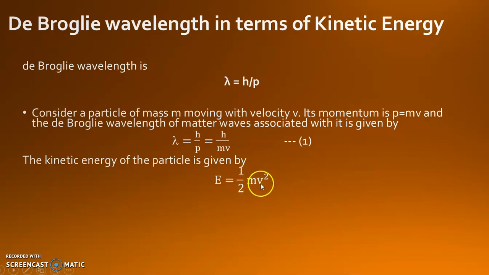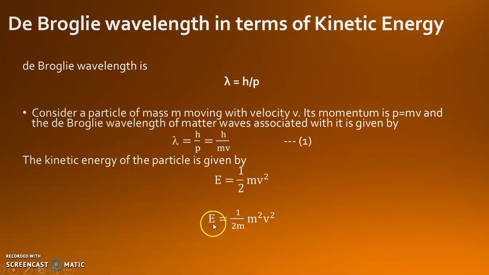So we can rearrange this to get p square. To get p square, we have to multiply this side by m and also divide by m. So this equation we can write as E is equal to, multiplying and dividing by m, m square v square, again divided by m.